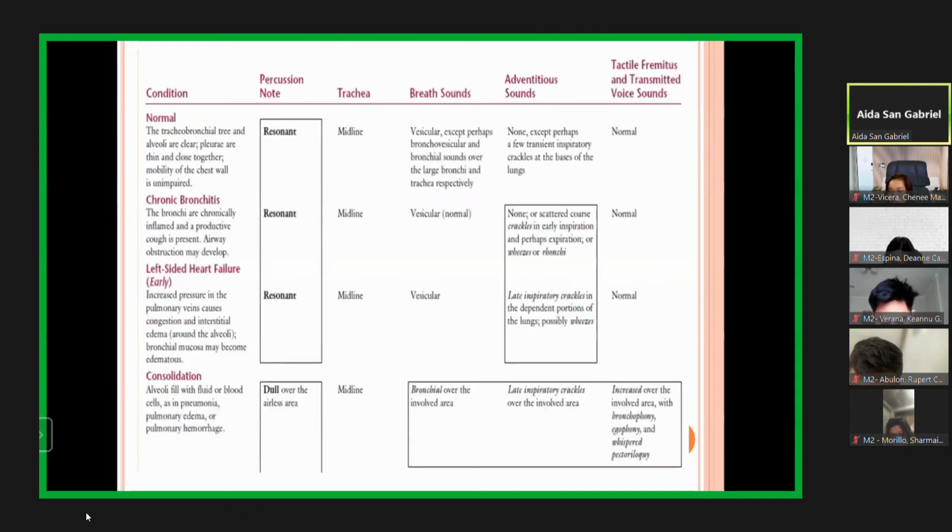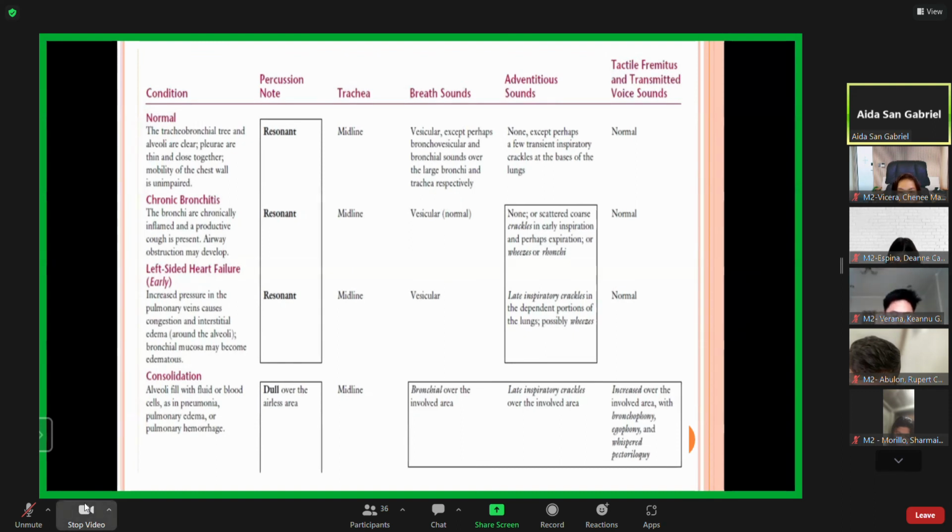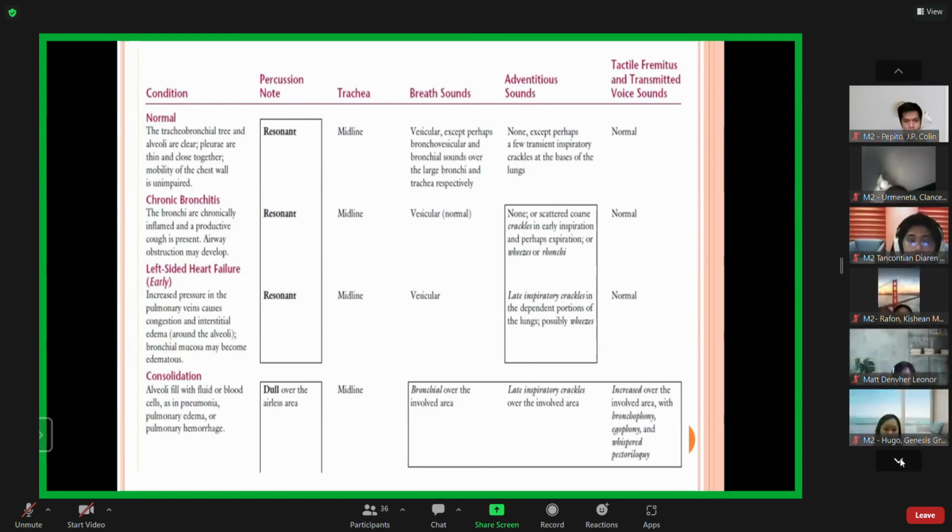Okay. This one here, this is important. This is found in your Bates. This graph will show you the abnormalities, a comparison of the PE findings on auscultation, palpation, percussion, and inspection.